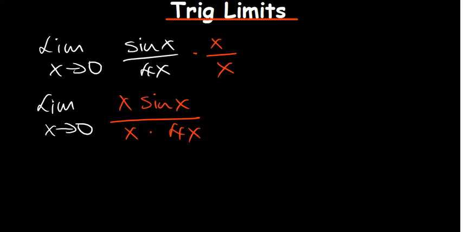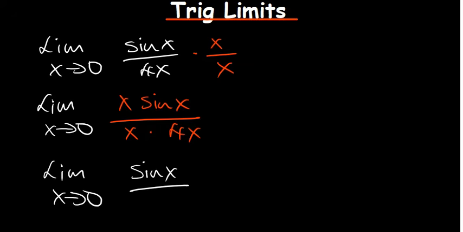Now remember the form that we wanted was sine x over x, so we'll remain with that: sine of x over x. For the top part, I'll pull out what is not necessary, so the x goes to this side, and I also remove the 4x, so we have 4x there.